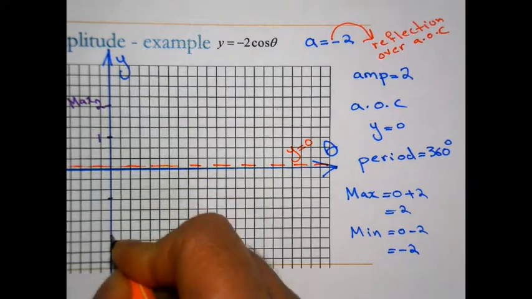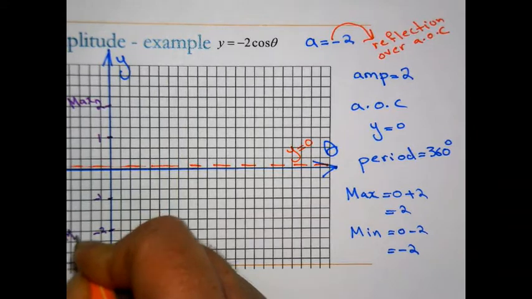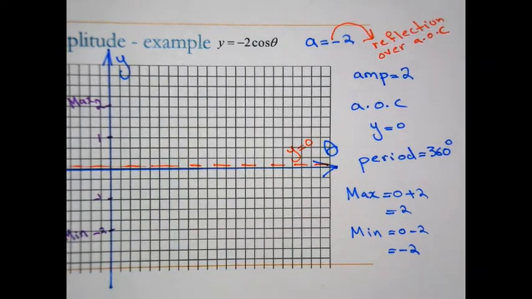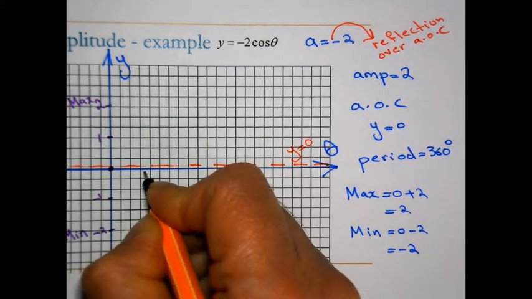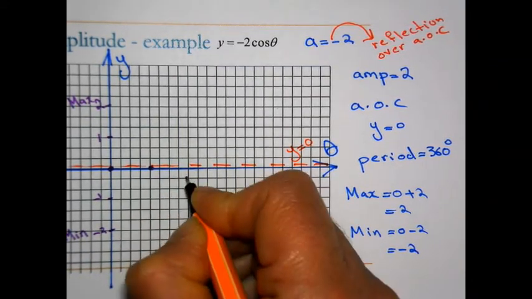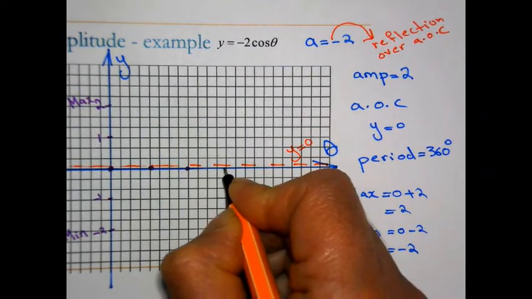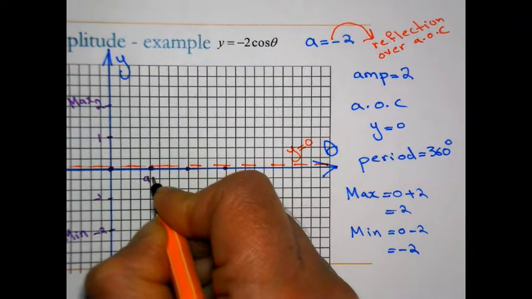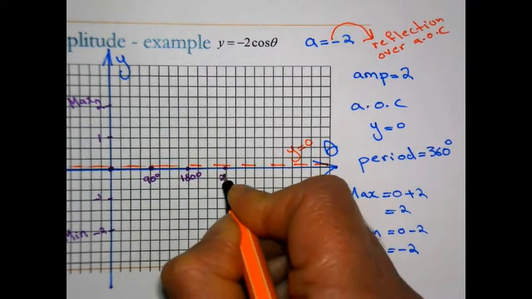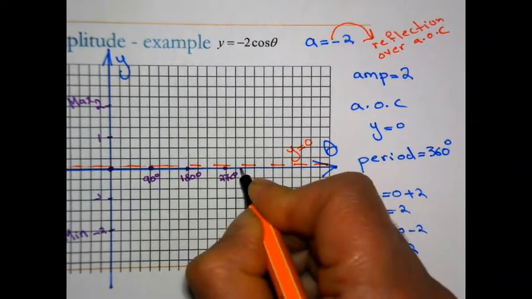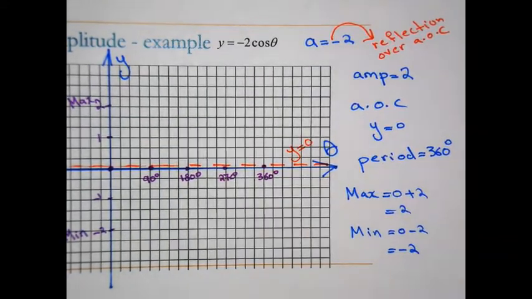And then the min is at negative 2 here. Now we are going to put our key points here. We have 0, 90 degree, 180 degree, 270 degree, and 360 degree.